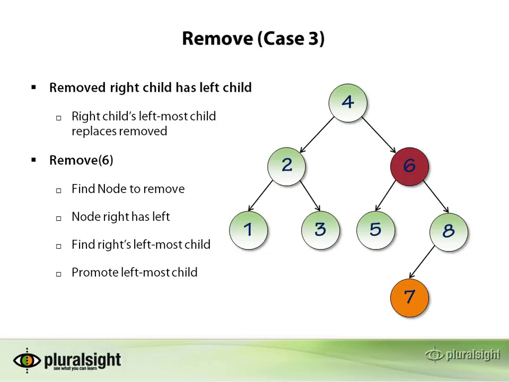So we're going to take 7 and move it up to where the 6 node was. And now notice we've retained the invariant structure. Everything greater than 7 is to the right, everything less than 7 is to the left. And the reason we use the leftmost child is because we know the leftmost child is going to be the smallest value in the tree.